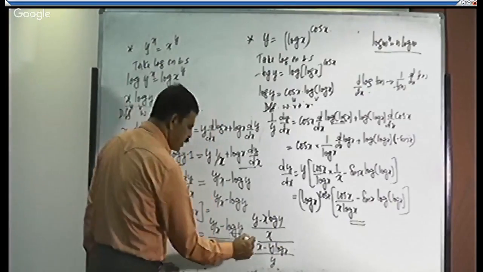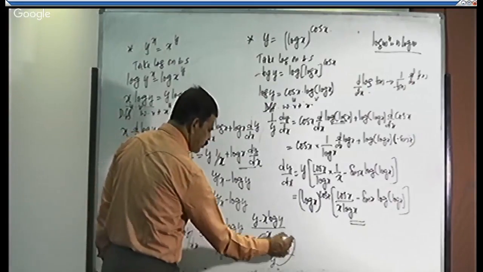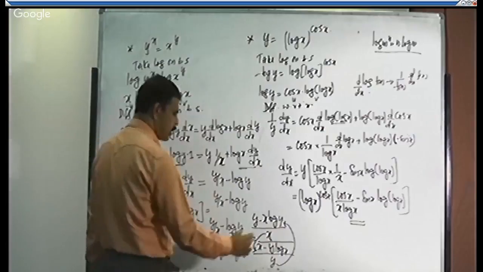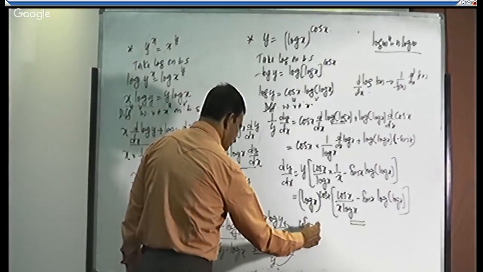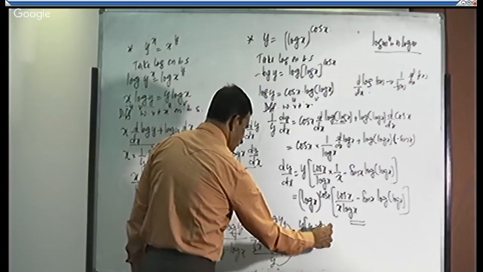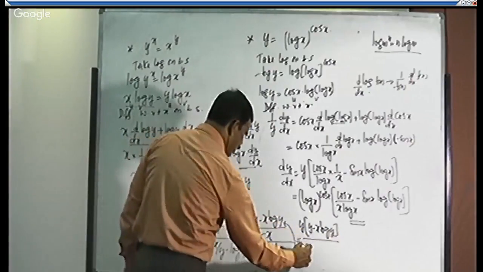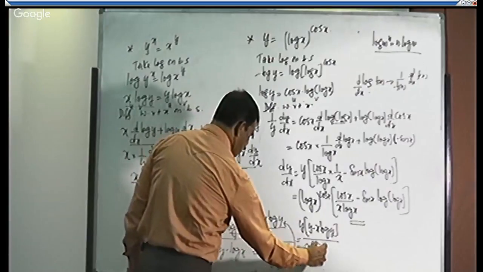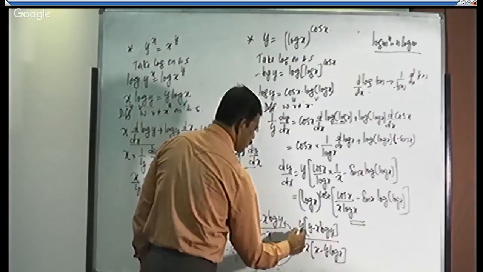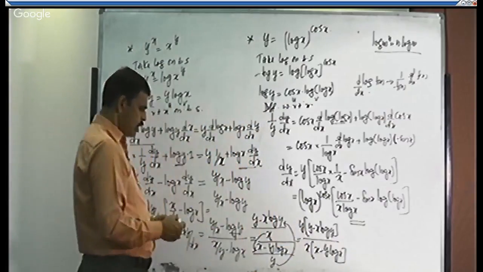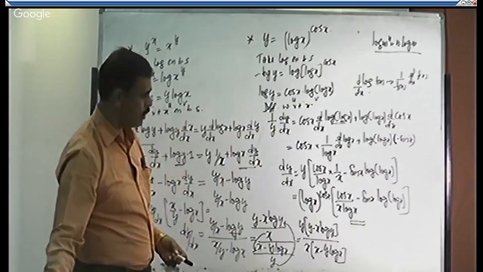If I simplify, this x goes to the denominator and this y goes to the numerator, correct? That is y into y minus x into log y, divided by x into x minus y into log x. You can multiply y in the numerator and x in the denominator, right?